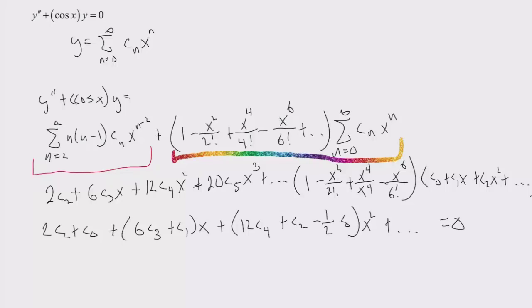Which then brings up another conversation about each of those patterns. In order for that to be 0, individual sets of terms, individual combinations, have to be 0. So this combination has to be 0. This combination has to be 0. This combination has to be 0.